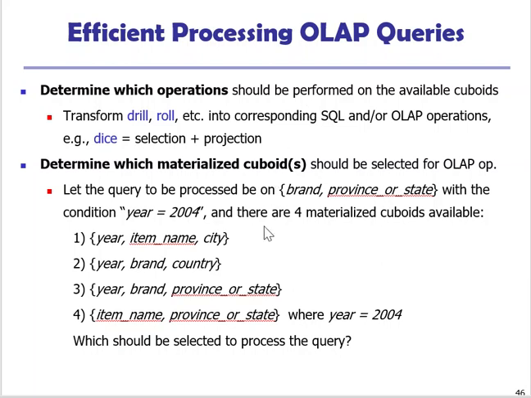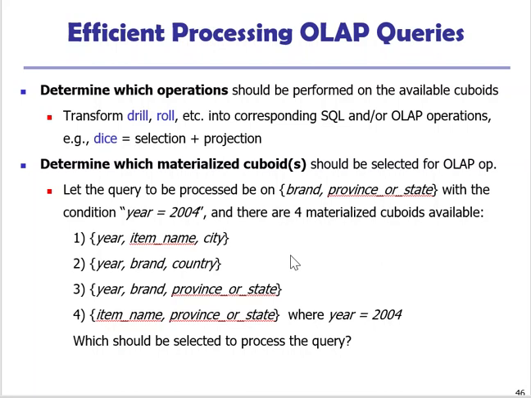So the idea is, given some materialized cuboids and a user query, the query in this case is we want to know in year 2004 which brand was sold in which provinces or state. Given that information, what considerations does an algorithm that supports OLAP query processing need to consider?